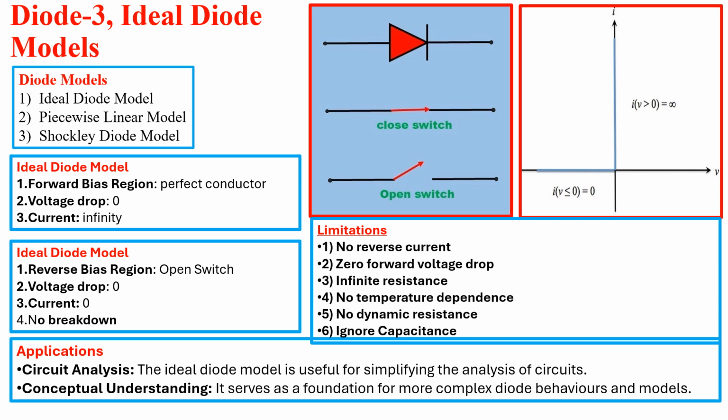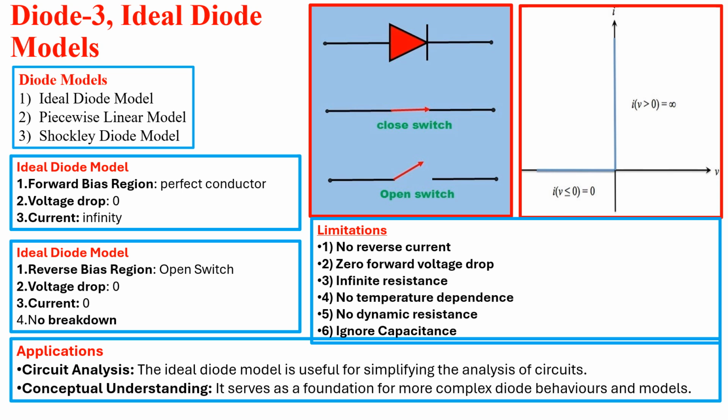Dynamic resistance: the ideal diode does not consider the dynamic, in other words, small signal resistance of the diode. It can affect circuit behavior, especially in high frequency applications. Capacitance effect: the ideal diode ignores junction capacitance, which can impact the diode's characteristic time and frequency response, mostly required in high-speed electronics applications.